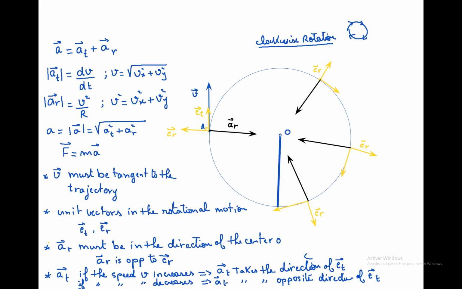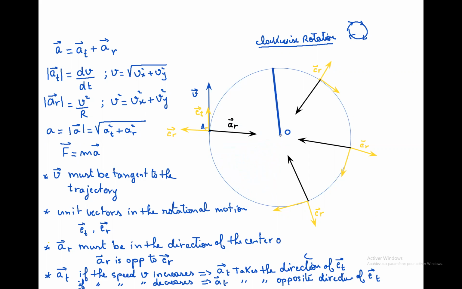As you know, when the ball goes up, the speed will decrease. We have 10, 9, 8, 5, 4.